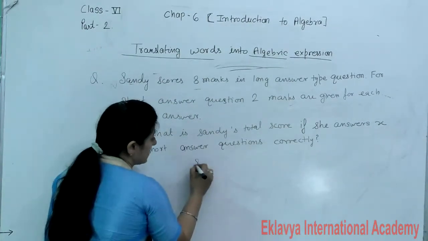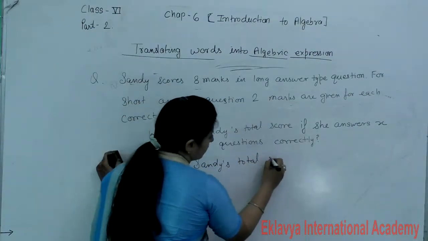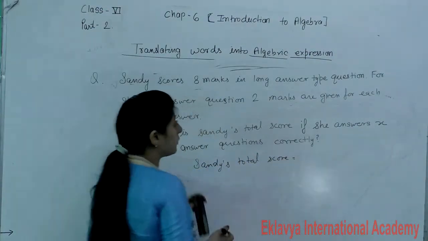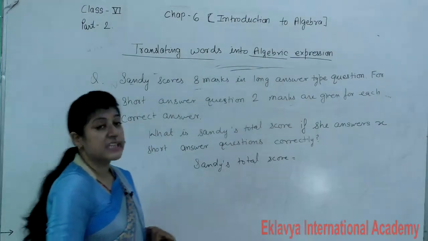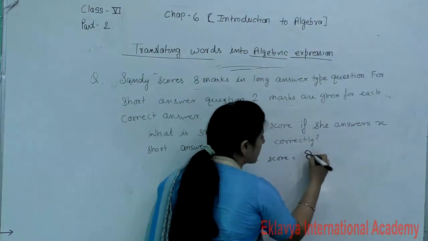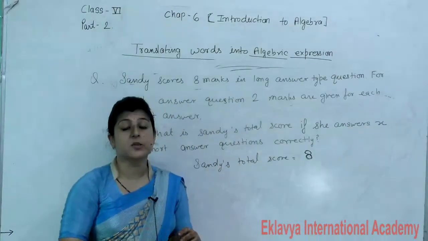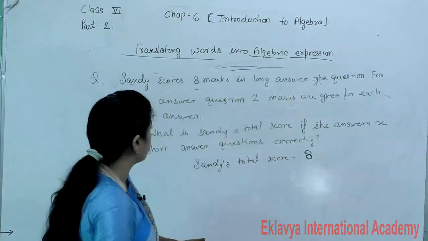So Sandy's total score. In the long answer type question how many marks? 8 marks. How many questions or answers doesn't matter. It is given directly that 8 marks are scored in the long answer type question.